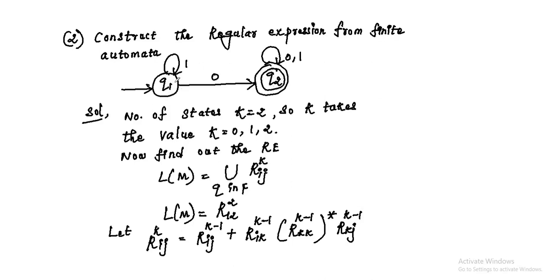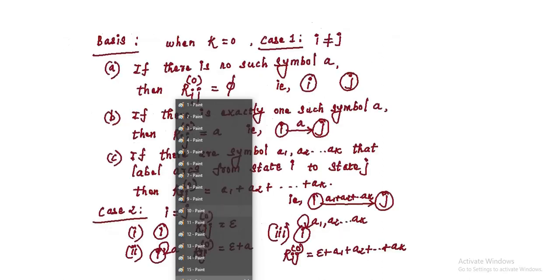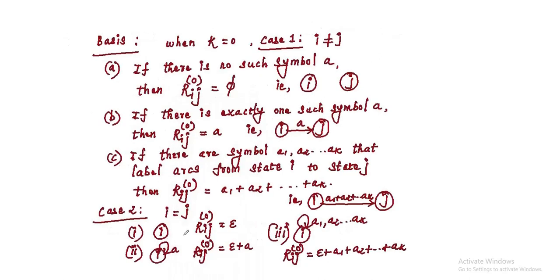So, R11, there is a self loop 1. So in this transition diagram, when you are going to find out the regular expression, we should follow the basic rules. Here the basic rules are i equal to j. Here a state having the self loop, we need to include the epsilon.